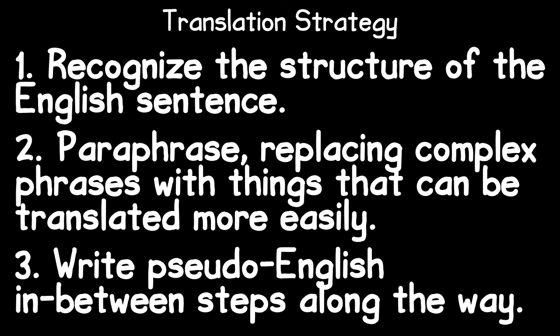I say pseudo-English because it'll still contain English words, but it'll also contain parts of QL, like variables or connectives. The in-between steps are the things I've highlighted in blue in this video and in previous videos. If you keep these strategies in mind, even larger, more complicated translation problems that might require several quantifiers break down into lots of separate, smaller problems that you can approach step by step.